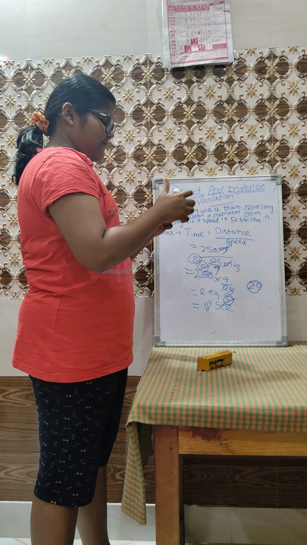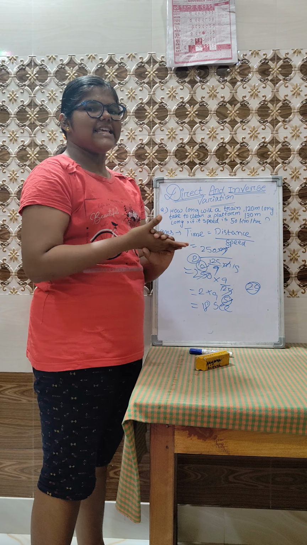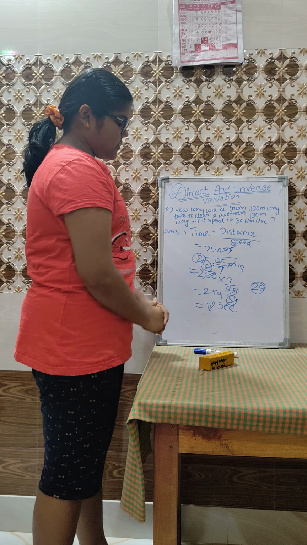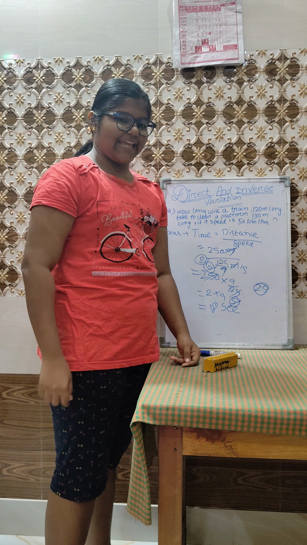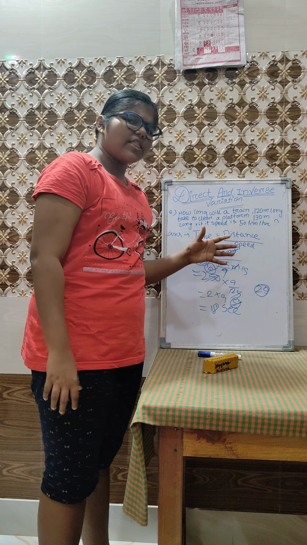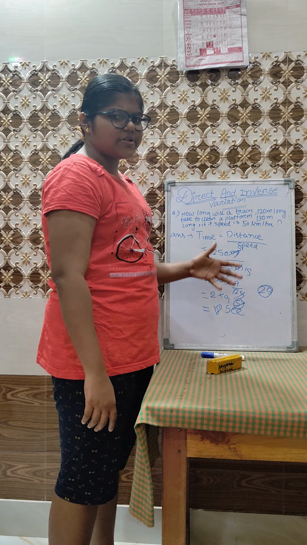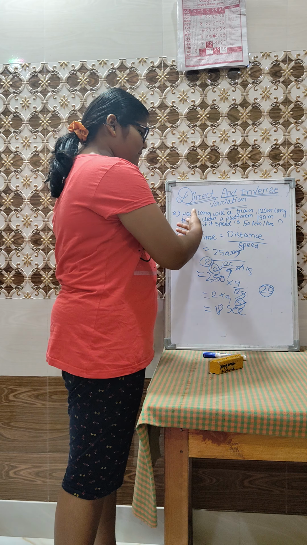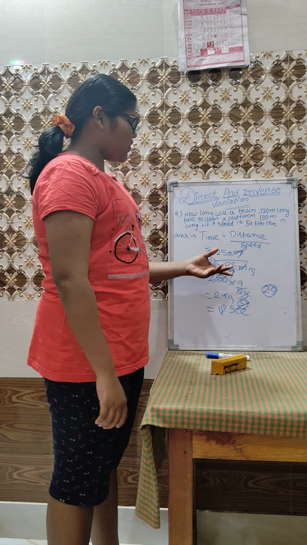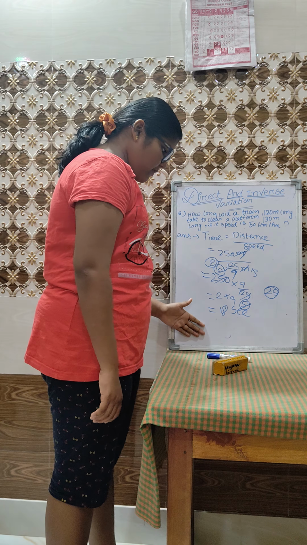So now see friends, how can we easily solve train questions in just a few seconds? Because we know the given information, and we are given only the time, and we also know the time formula, so we have found it out.